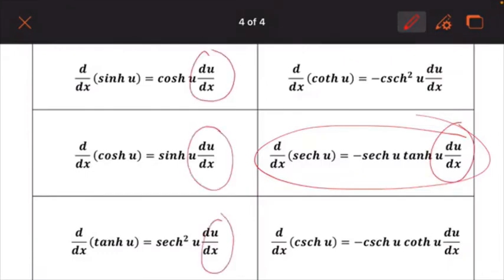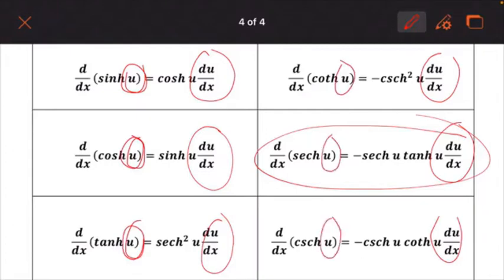So in the formulas, we can still see the chain rule, where du over dx is the derivative of the arbitrary function u, a function that can be differentiated with respect to x.